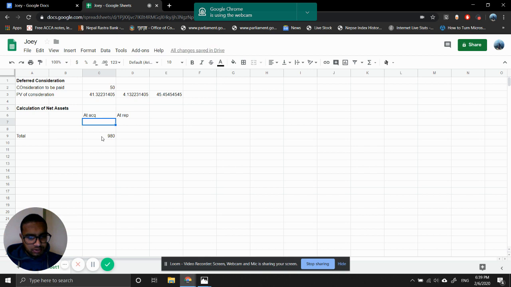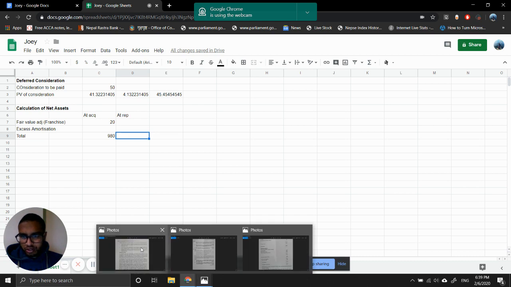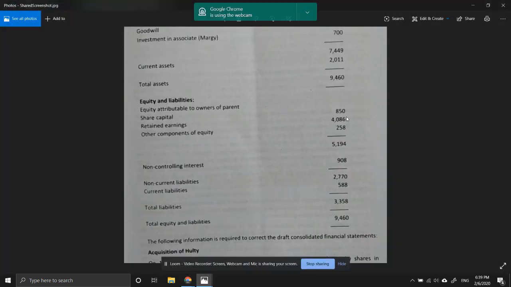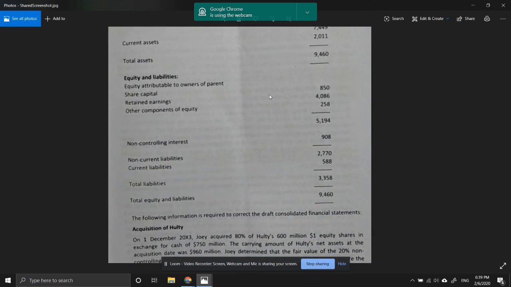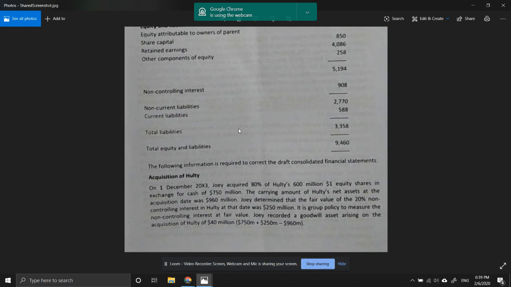That means this figure will be 980 minus 960. So this is fair value adjustment, right? Adjustment for franchise excess amortization, since it has a limited life, so we need to amortize it as well, right? So what was the net assets at closing period? Is it not given over here?